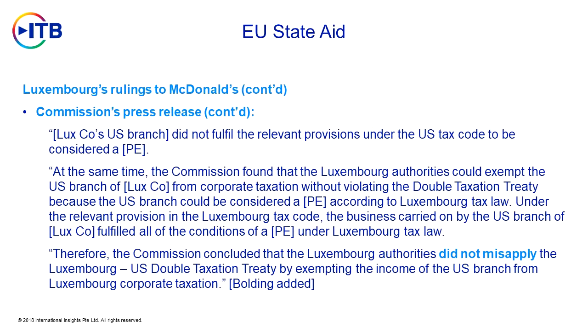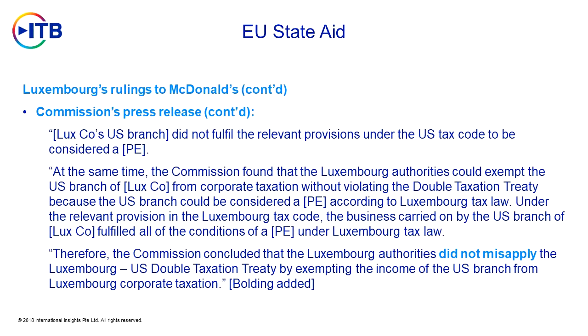Luxco's US branch did not fulfill the relevant provisions under the US tax code to be considered a PE. At the same time, the Commission found that the Luxembourg authorities could exempt the US branch of Luxco from corporate taxation without violating the Double Taxation Treaty because the US branch could be considered a PE according to Luxembourg tax law.